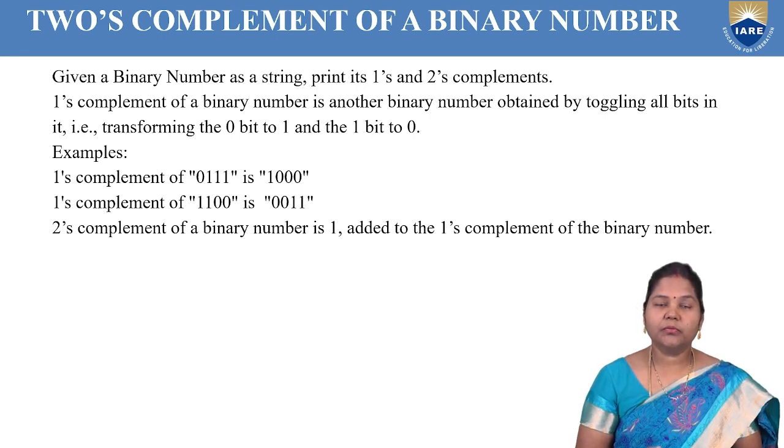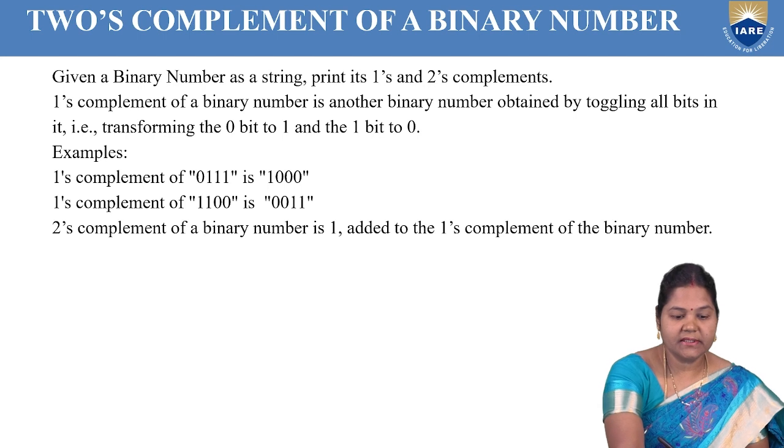How to find the ones complement of a binary number? The ones complement is the inverse of each of the digits. If the digit is 0, its inverse is 1. If the digit is 1, its inverse is 0. If you change zeros to ones and ones to zeros, it is called ones complement.